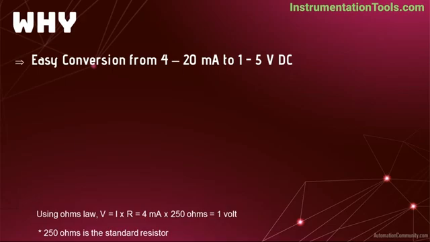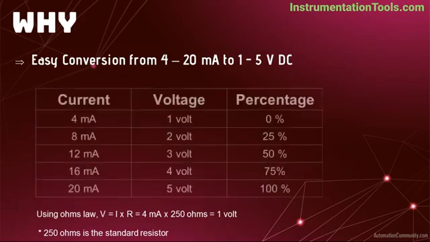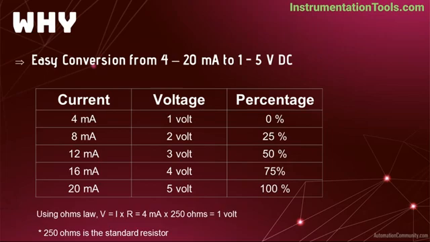Basic formula to calculate voltage equals multiply current with resistance. Multiply the 4 mA with 250 ohms resistor to get 1 volt. Multiply the 20 mA with 250 ohms resistor to get 5 volts. So, it's easy to perform calculations and conversions.